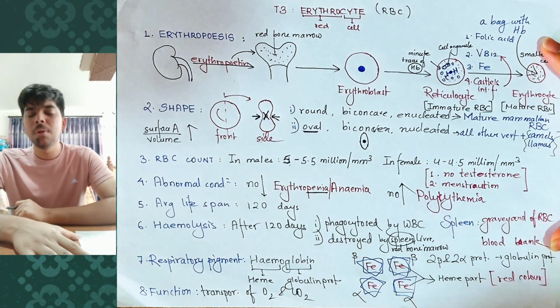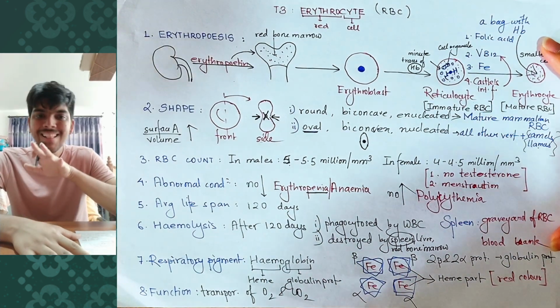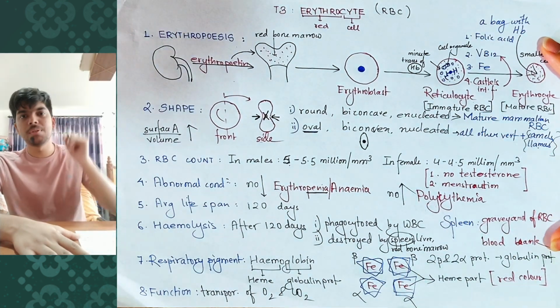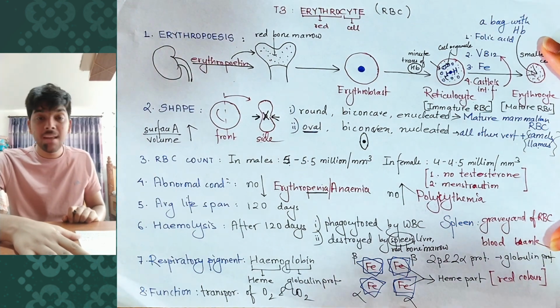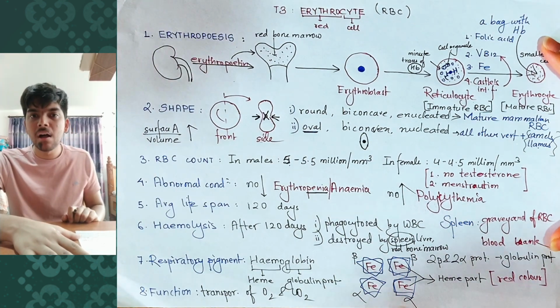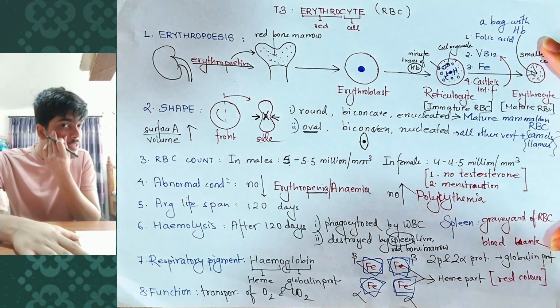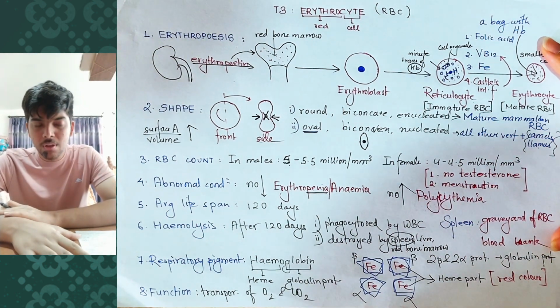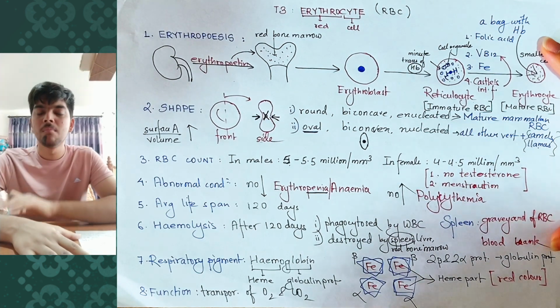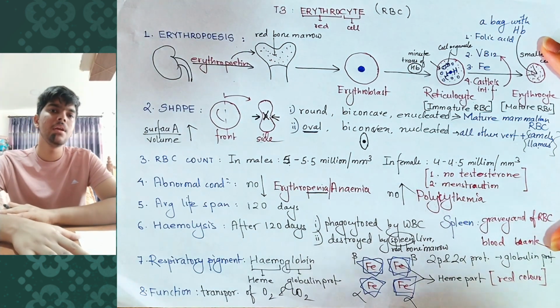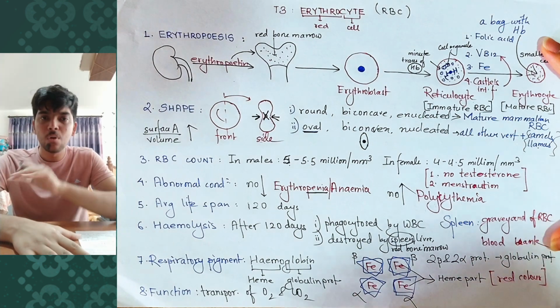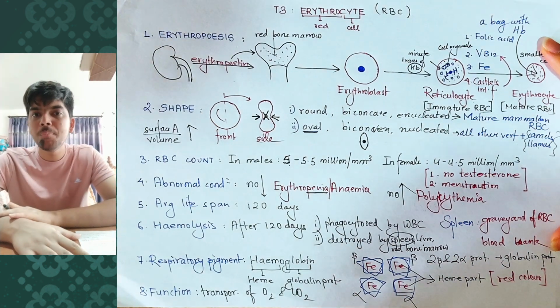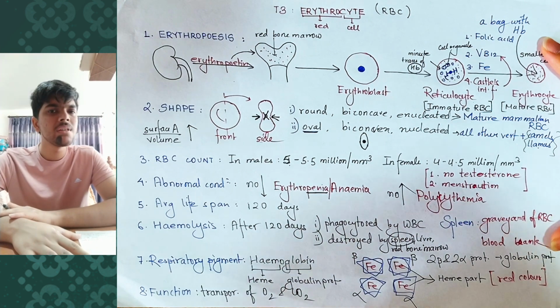Let me give you an example of polycythemia. People living at high altitudes, let's say in the Himalayas, they have red cheeks. Why? Because at a higher altitude, the atmosphere is thin. That is, the percentage of oxygen in the atmosphere is very low. So the people living there have to survive in an atmosphere with a low percentage of oxygen.